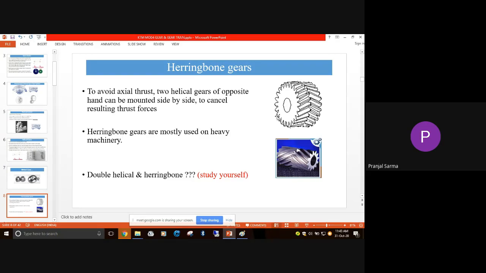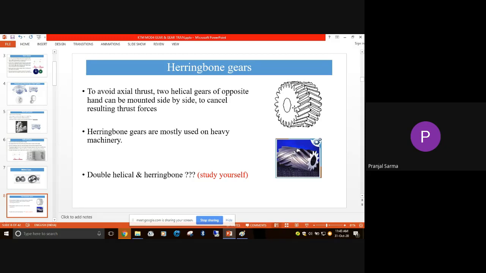They can be mounted side by side as if connected, but one has teeth of one hand and the other has teeth of the opposite hand. This portion will have a side thrust in one direction, and the other portion in opposite hand will have a side thrust in the opposite direction. Now these two side thrust components get cancelled out.